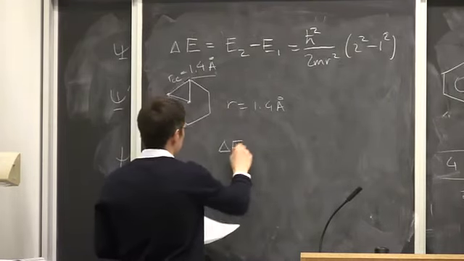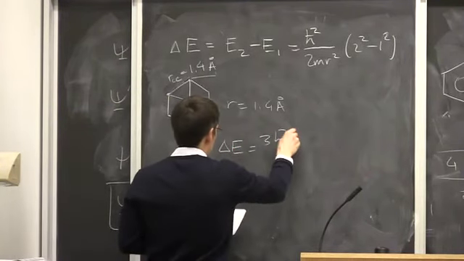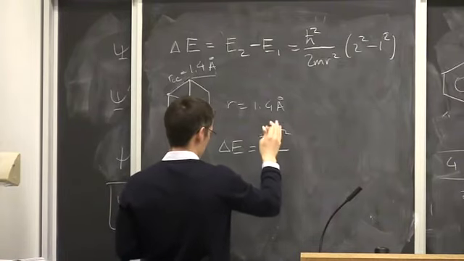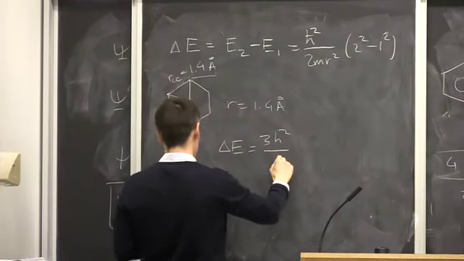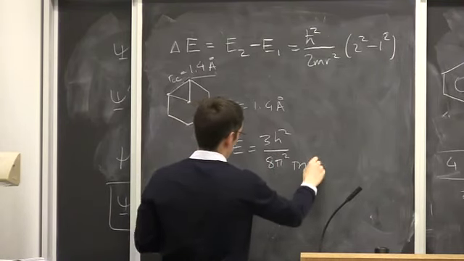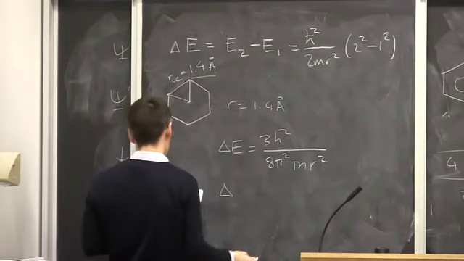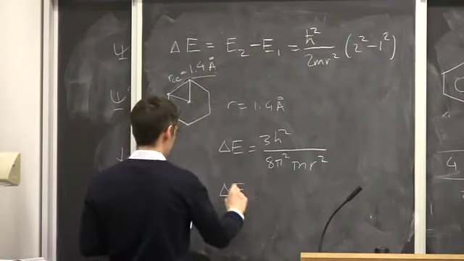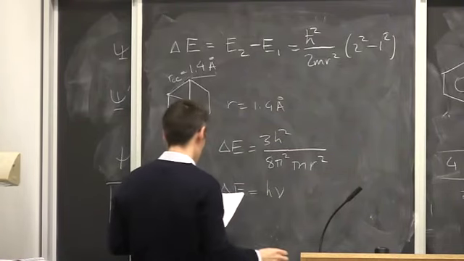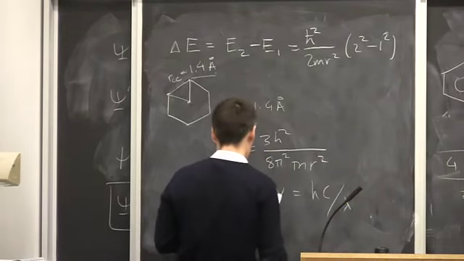And then delta E, in my notes, this is 3h, not h bar, but just the normal Planck constant, squared over 8 pi squared mass of electron r squared, right? And then if you want to calculate things in nanometers, delta E is h nu, which is hc divided by lambda.